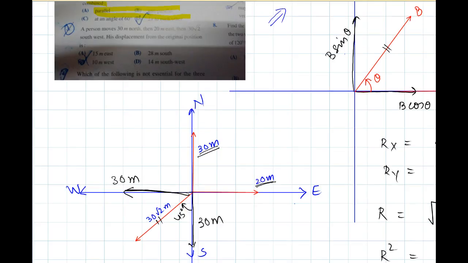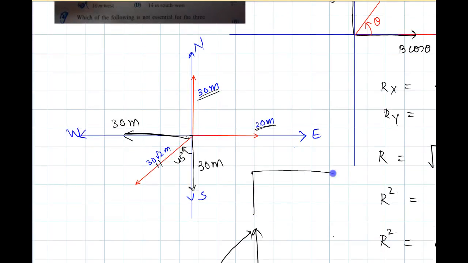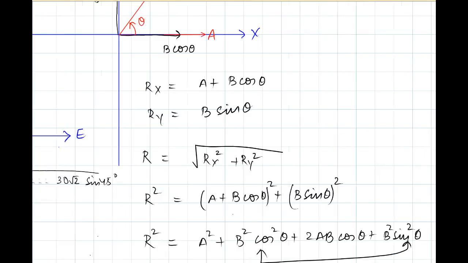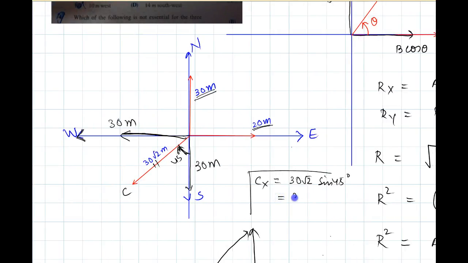Because the x component of this vector, let's call it c, will be equal to 30 root 2 sine 45. See, I've taken this angle to be 45 degrees. So along the x-axis it will be sine theta, and sine 45 is equal to 1 by root 2, and hence it becomes equal to 30. Similarly, along the y-axis also it will be 30.